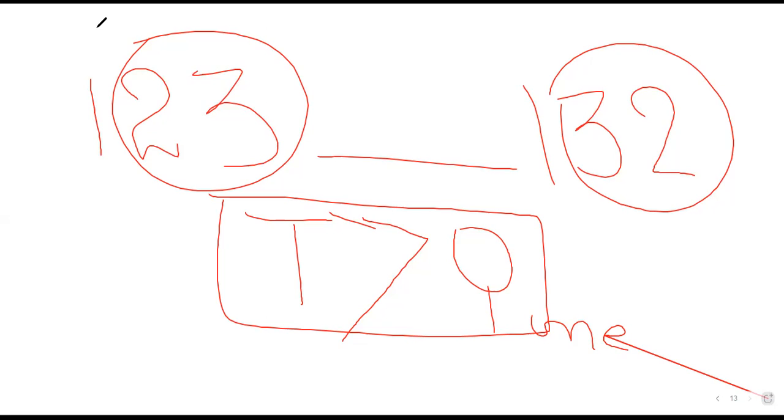One more tricky way is that 0, 1, 2 at the unit place will be the required digits.